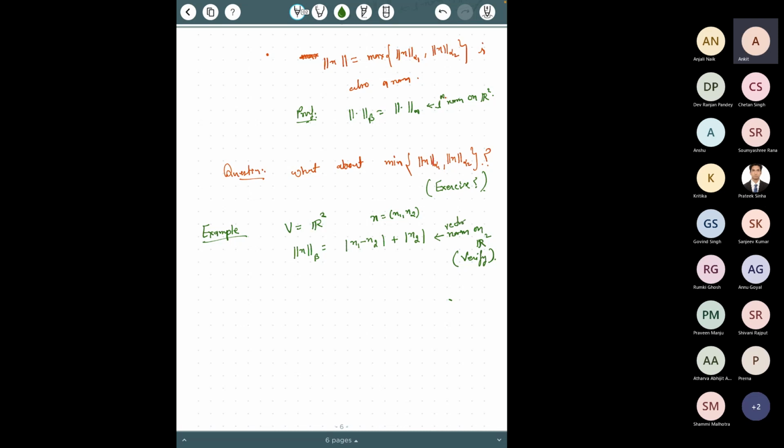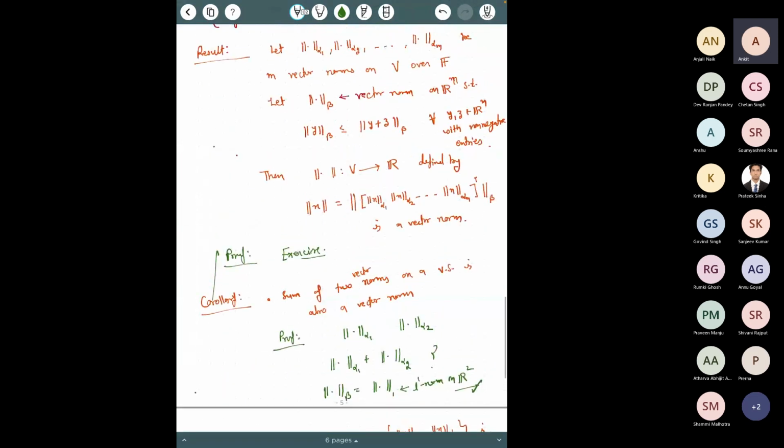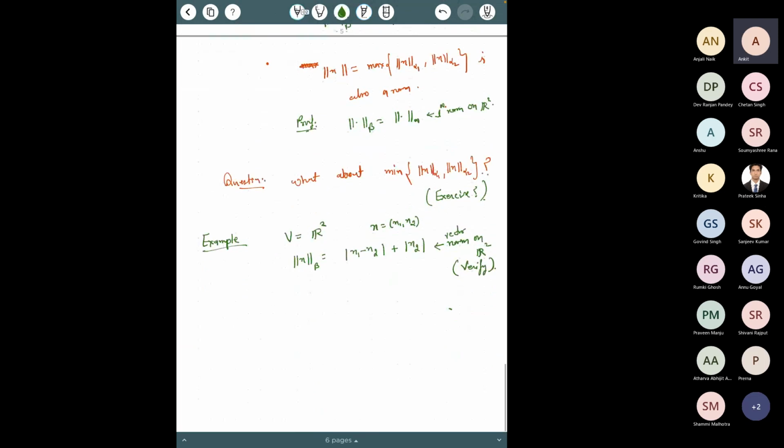Okay. But now, so this is a vector norm, but this function does not satisfy the monotonicity of this result here. Why is this so? Because, for example, if you take this vector x as (1, 0) and y as (0, 1), you can see that the entries of x and y are non-negative.